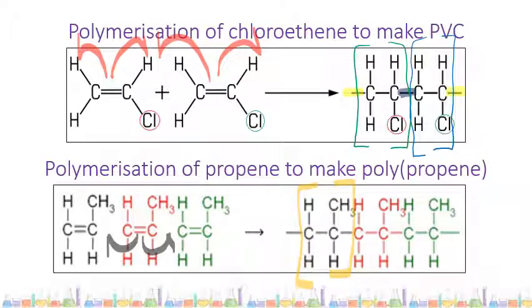What you'll notice here as well is that the propene is drawn in a different way to what we would usually draw it. What we do here is we draw out the double bond and everything is put on then as if it was a hydrogen. So the CH3, the third carbon that's not part of the double bond, is put on as kind of like a side chain, or drawn in the same way as a hydrogen would be, just for the ease of showing what our repeating unit looks like in the product.